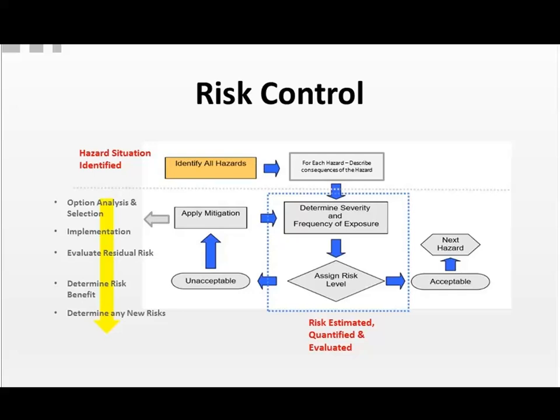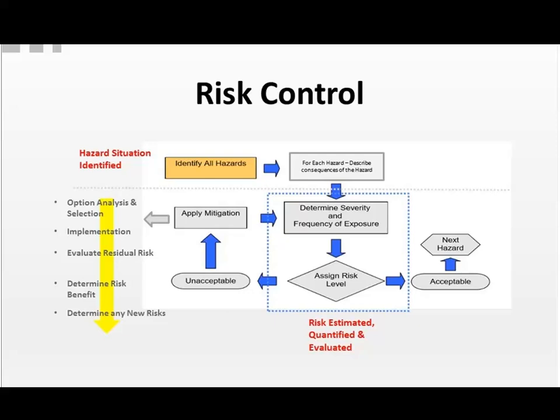You assign a risk level, and then you compare it to the risk acceptability criteria of your organization, and then it is either acceptable or not acceptable. If it's acceptable, you move on to the next hazard and continue your evaluation. If it is unacceptable, you need to apply mitigation to it, and that's a process unto itself.